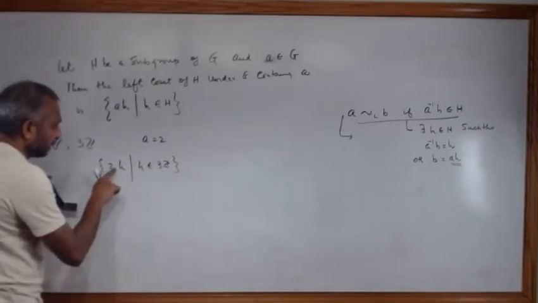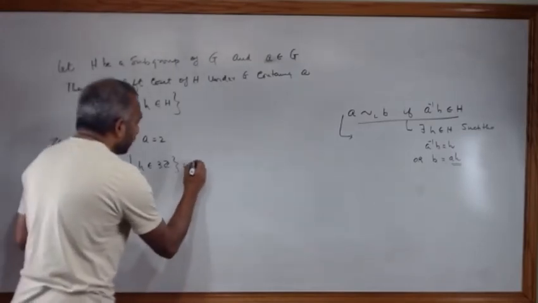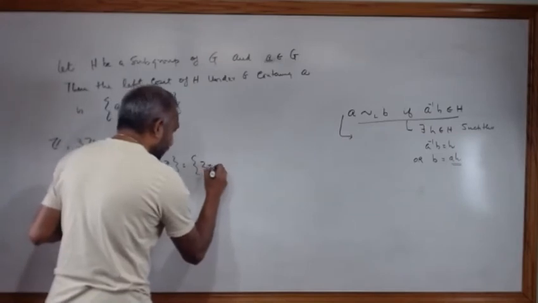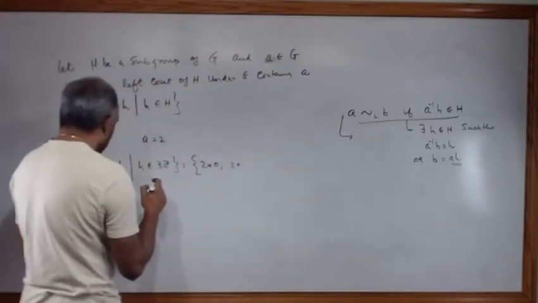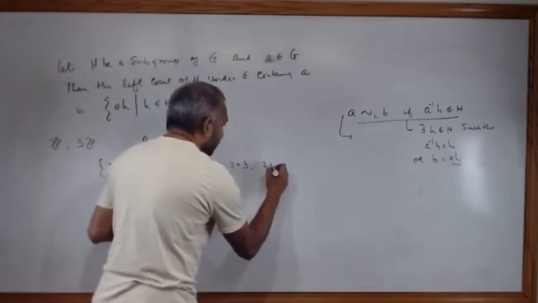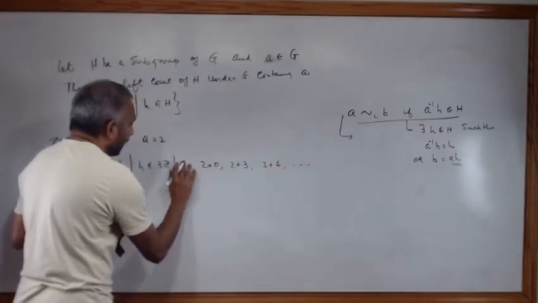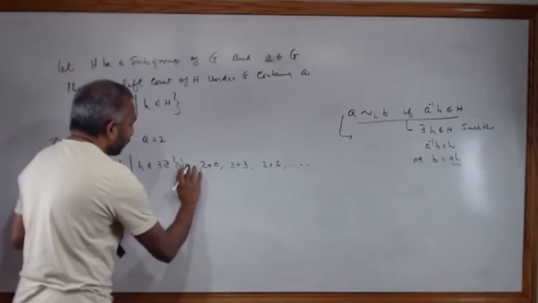This is actually the binary operation plus in Z. So this is going to be 2 plus 0, 2 plus 3, 2 plus 6, and so on, and here you will have the negatives also, 2 plus minus 3.